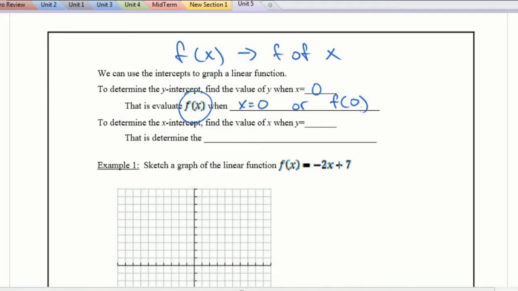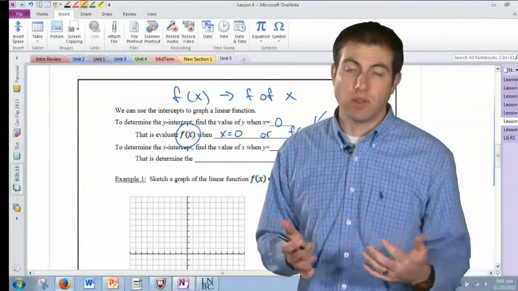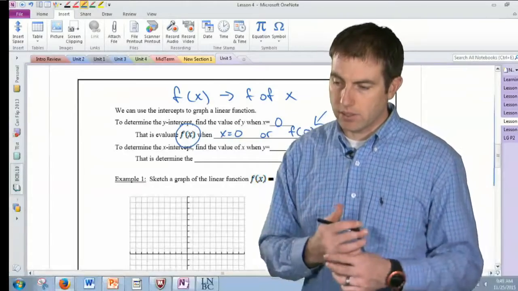All we're doing is replacing the x with 0. If this function notation isn't super clear, don't worry about it. We're going to spend all of next day working on it. But the important thing is that if we figure out when x is 0, we can figure out what the y-intercept is.